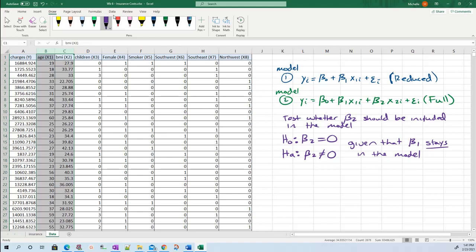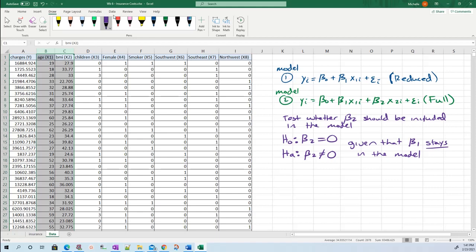In the situation where X1 and X2 are both explaining insurance costs in a very similar way, the presence of X1 influences the presence of X2. If you have high correlation between X1 and X2, it's very important to point out that this test is built on the idea that beta 1 is staying in the model.